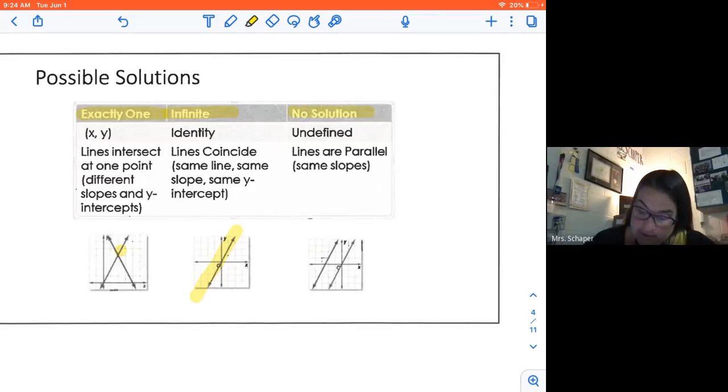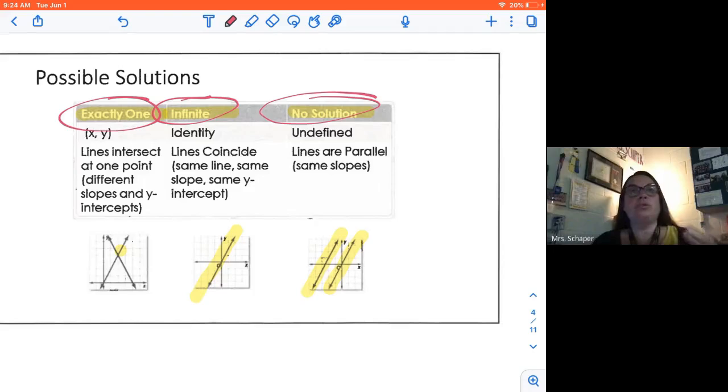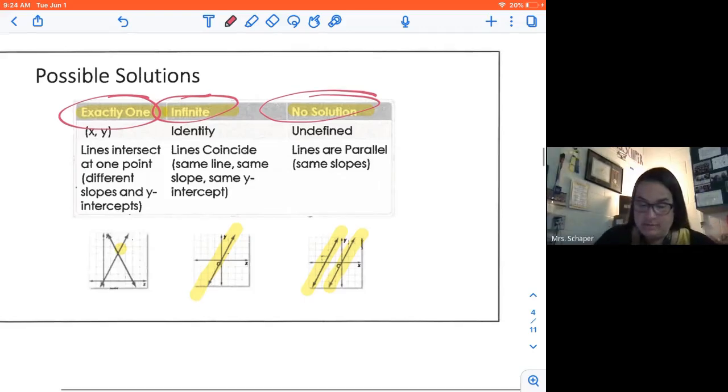And what that means is that the 2 lines are parallel. They never intersect. To have a solution, they have to intersect or be on top of each other. So you have exactly 1 solution, infinitely many solutions, or no solution. Those are your possibilities, meaning the lines intersect, the lines are on top of each other, or the lines are parallel.